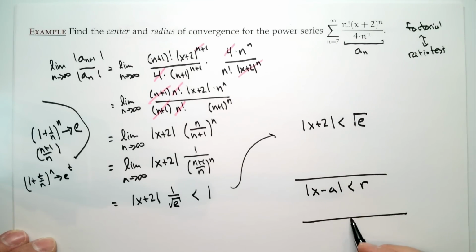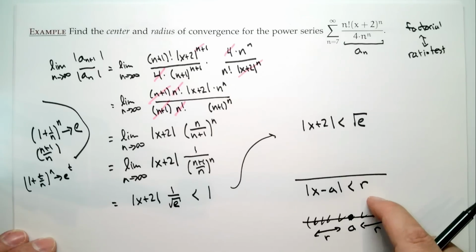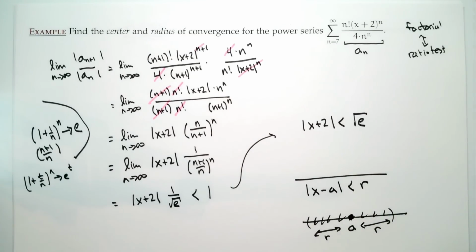That's what we want. And a is the middle, and r is how far we go in each direction. And that's going to be our interval of convergence. So the center is the center point, r is how far we go in each direction. So if I can write my expression in this format, I can read off my center and my radius.